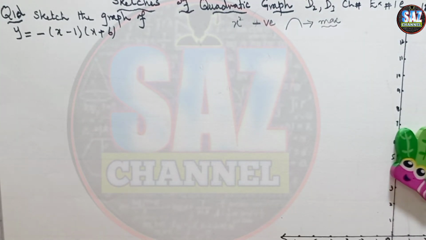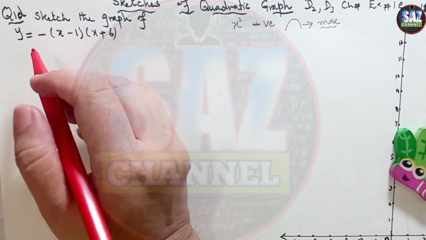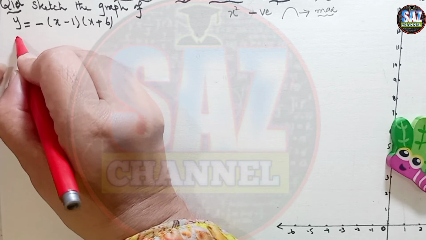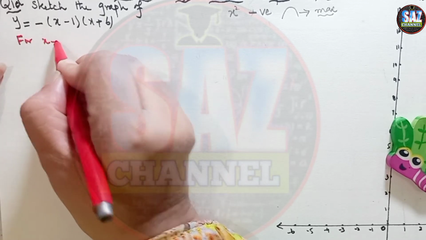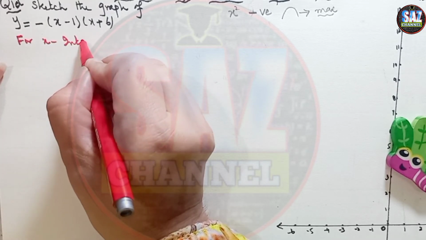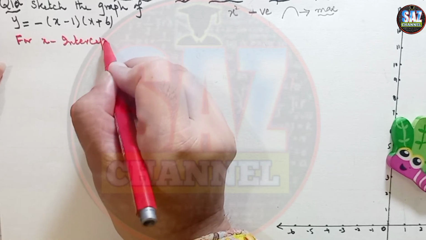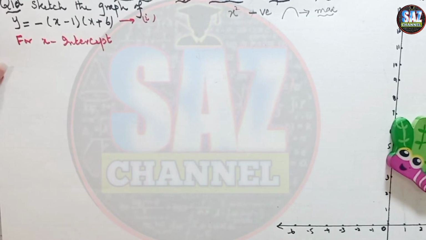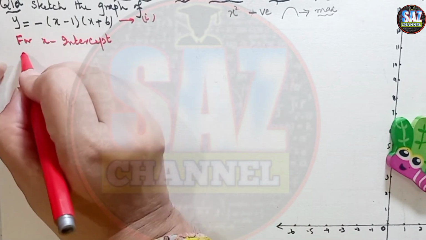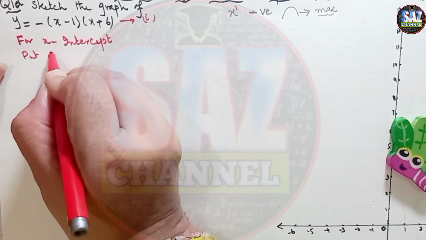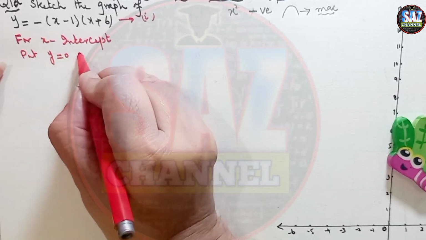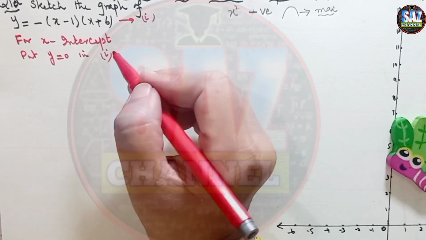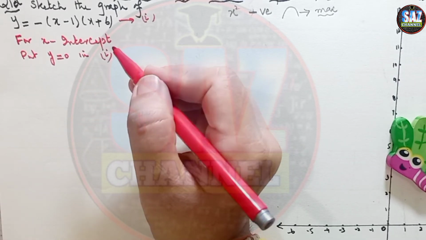So let's move to the working space. Step 1 is done. For step 2, for x-intercepts, we have to put y equals 0 in the given equation. Put y equals 0 in equation 1. We must give such references so that the examiner can understand our message easily.